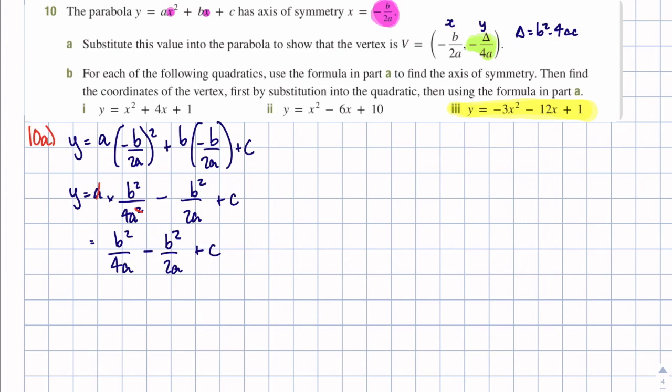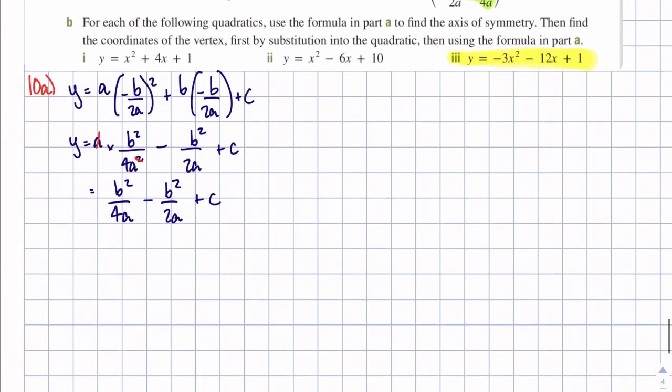Now, I want to get everything over a common denominator. So I'm aiming for 4a on the bottom. I've got 4a on the bottom of this b squared over 4a, but for this next one, I'm going to have to times everything by 2. And for this c, if I'm going to end up with 4a, I'm going to have to times it by 4a on the top as well.